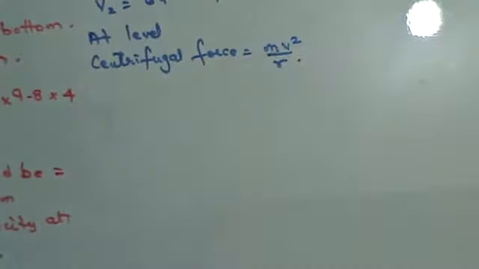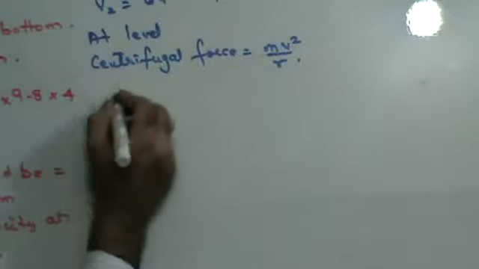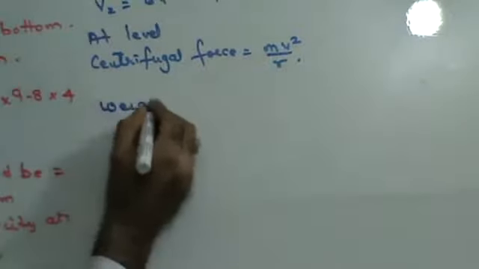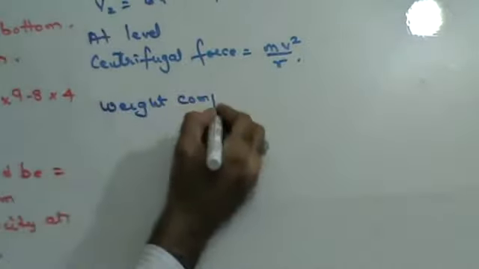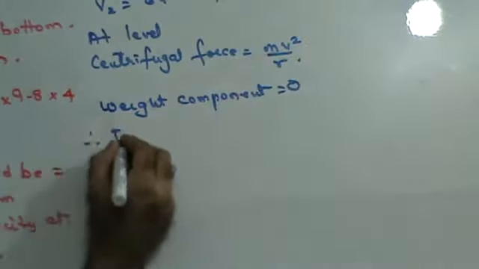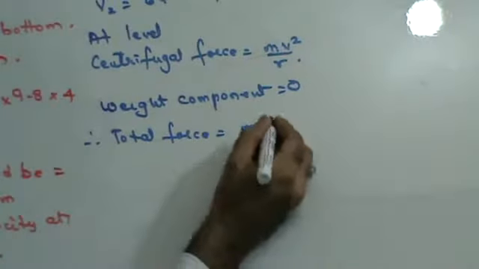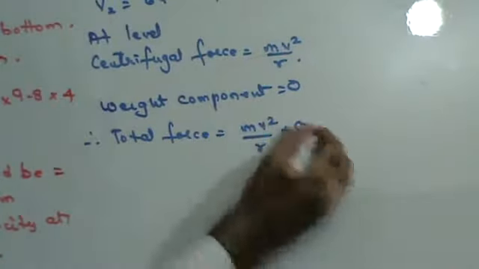Since it is at level, there is going to be no weight acting on the stone now. The weight component of the stone is going to be 0. Therefore, total force is mv square by r plus 0.